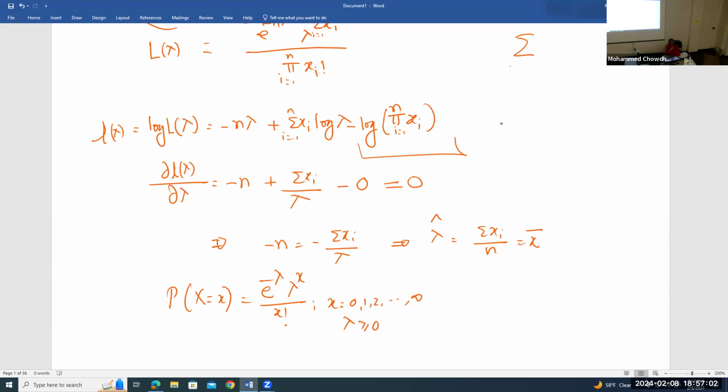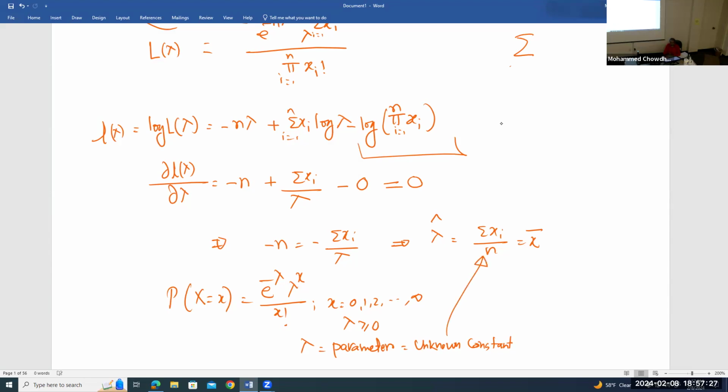Lambda is a parameter, taking value greater than or equal to 0. So it has another name, unknown constant.